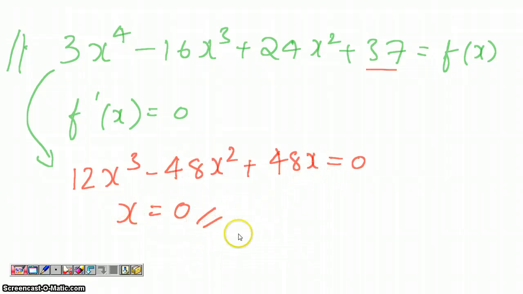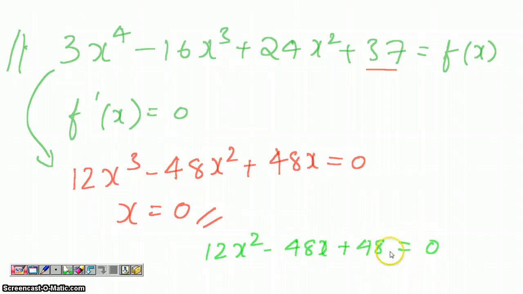When you take x common, you will be left with 12x square minus 48x plus 48 equals 0. You can take 12 out, that will give you x square minus 4x plus 4 is equal to 0.